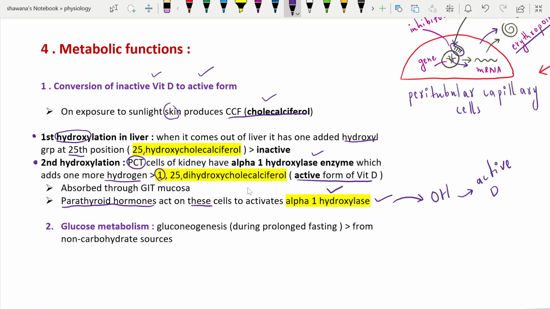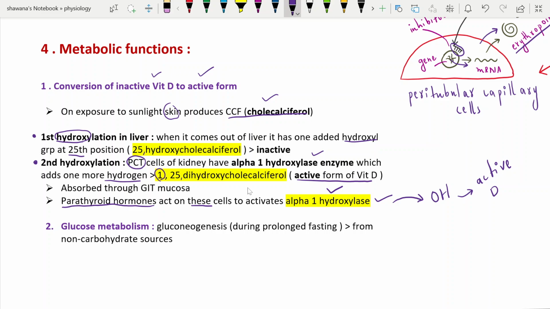First is cholecalciferol. In the liver, the first hydroxylation occurs and it becomes 25 hydroxycholecalciferol. In the PCT, an enzyme converts 25 to 1,25 dihydroxycholecalciferol, and parathyroid hormone has a positive impact on these cells.